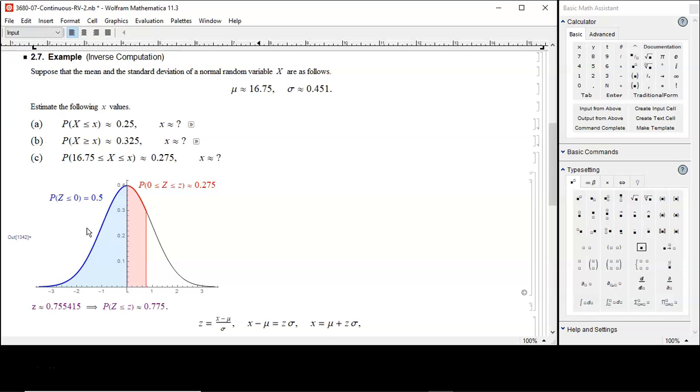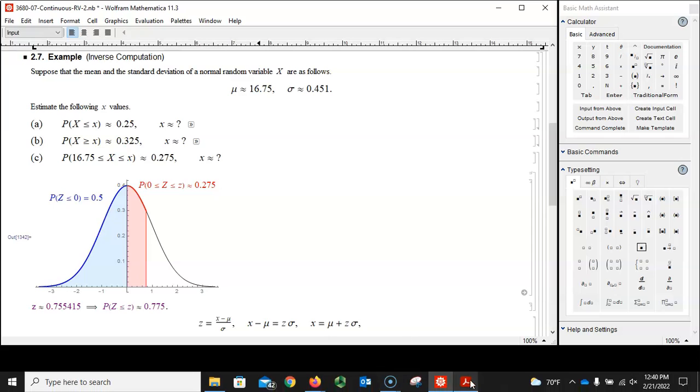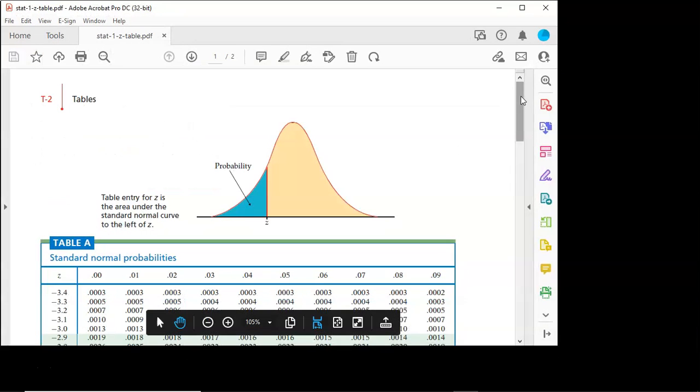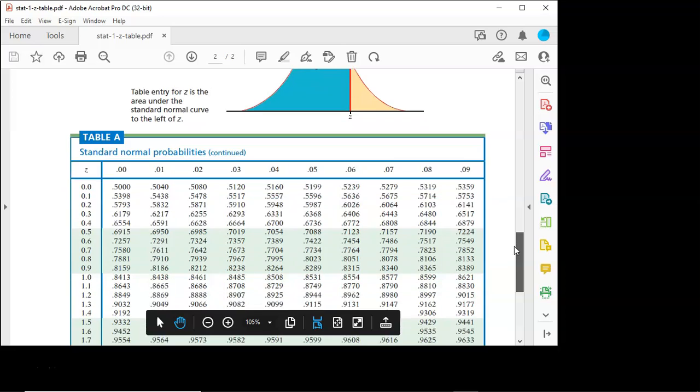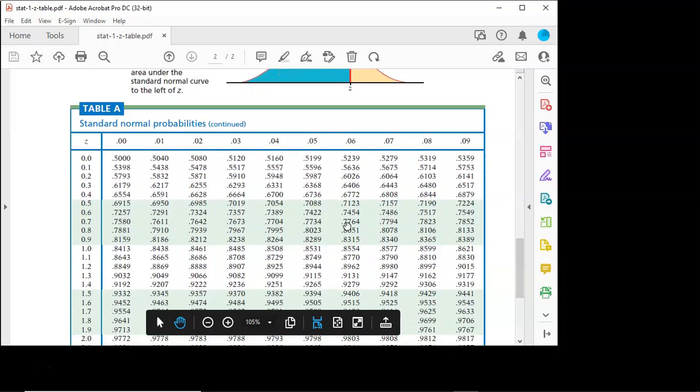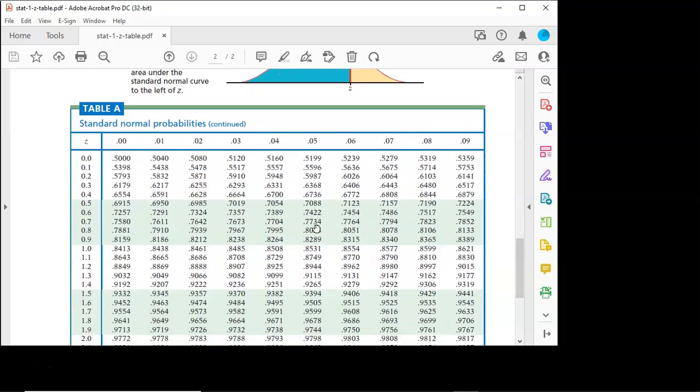So what is my z-score for 0.775? Let's see. Look up the table. So 0.7734, 0.7764, somewhere in the middle. Too many 77s, so it's confusing, I know, but here 0.773, 0.776, 0.775 is somewhere in the middle.